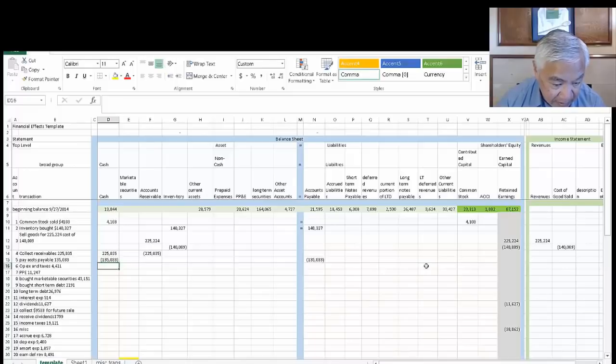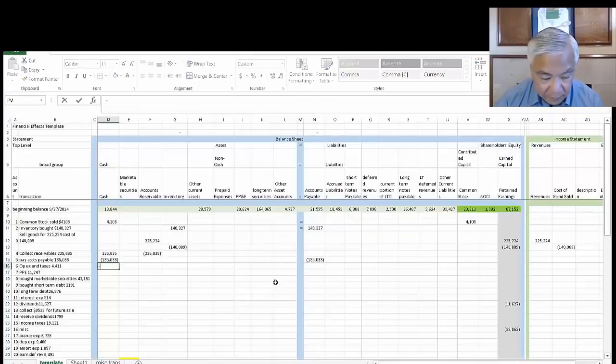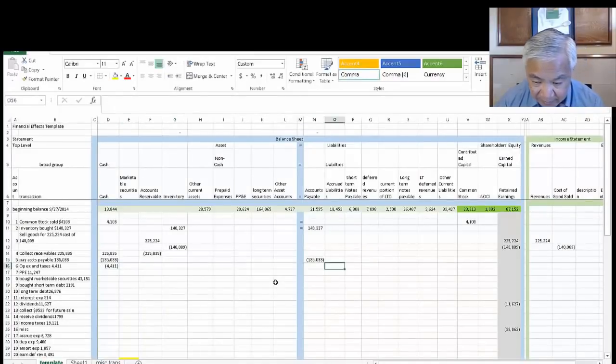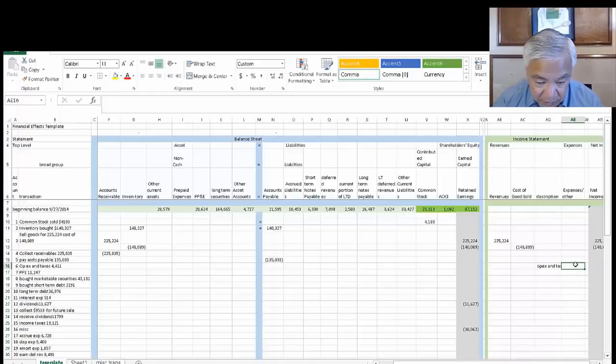Next, we have operating expenses and taxes of minus 4,411. I'll just put it here, OpEx and tax. Normally we would not mix these. We would separately do the operating expense from the taxes. But here we'll just go with what they gave us, minus 4,411.